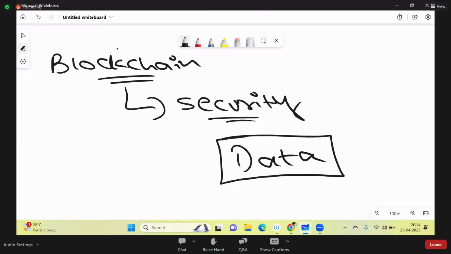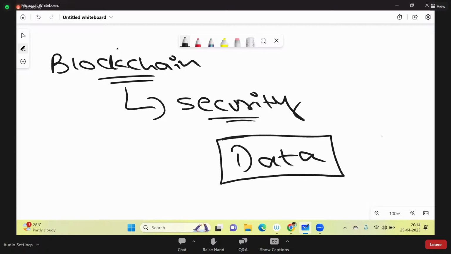So inside my block, what am I going to have? Simply, I would say you are going to have your data. Now that data can be any data. It may be your education certificate, it may be your land record, it may be the patient record. Whatever domain you have been working with, you can take that corresponding data and add it into the block.